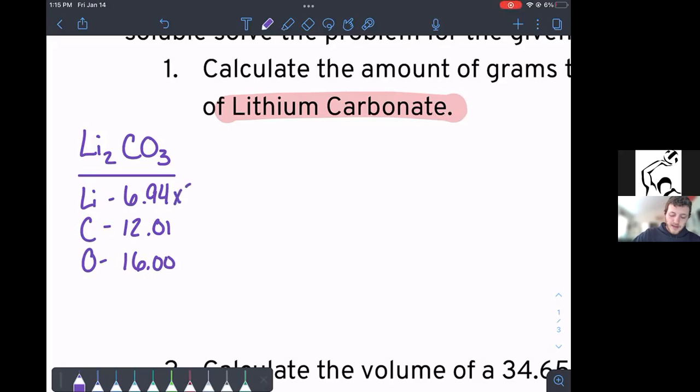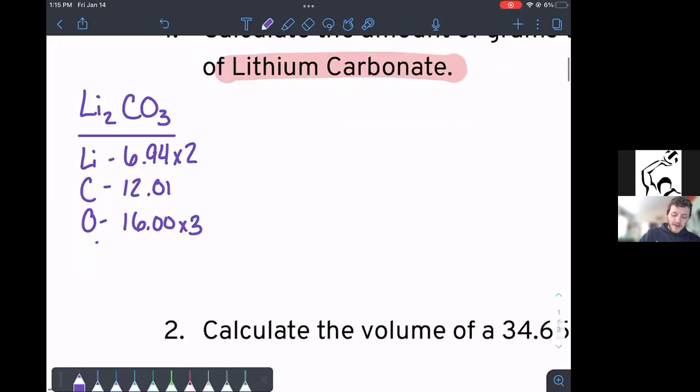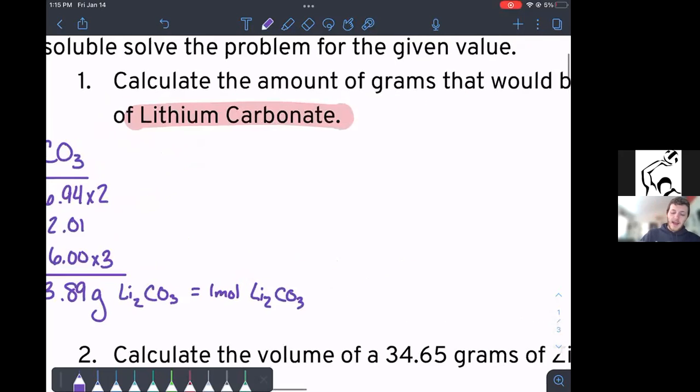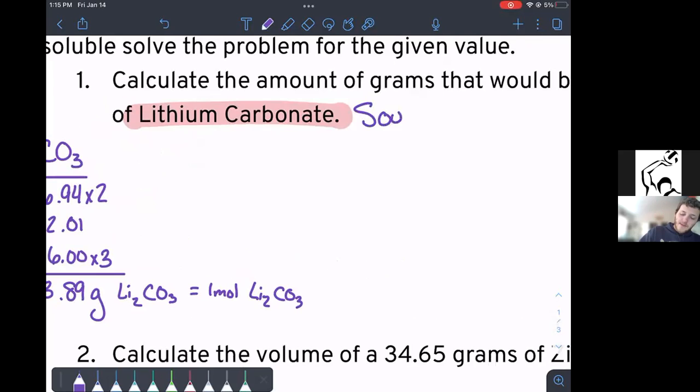We have 2 lithiums and we have 3 oxygens. And now we can add all those together to get a molar mass of 73.89 grams of lithium carbonate is equal to 1 mole of lithium carbonate. All right, and maybe you want to write down that it was in fact soluble, just so you remember that you checked that.